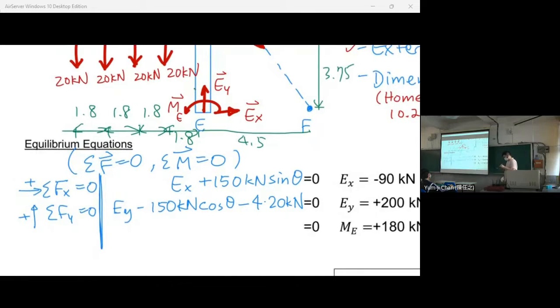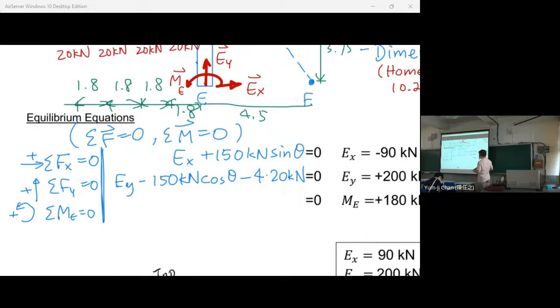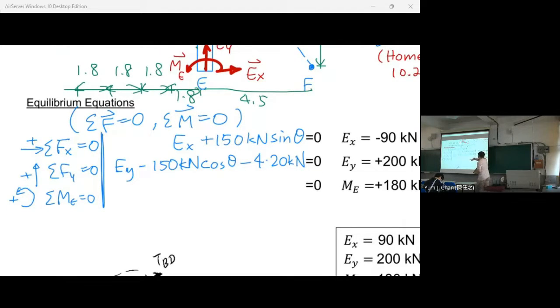So now we take point E. It's up to you how to write it. And summation M E equal to 0, and counterclockwise as positive. Counterclockwise as positive here.